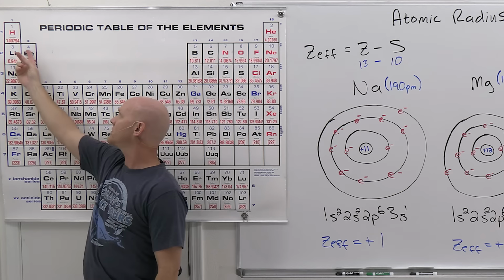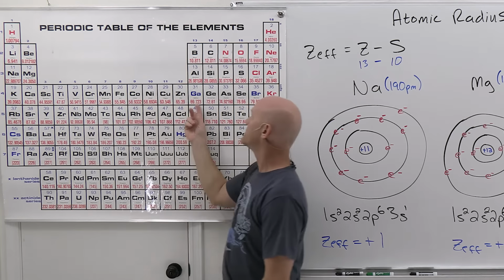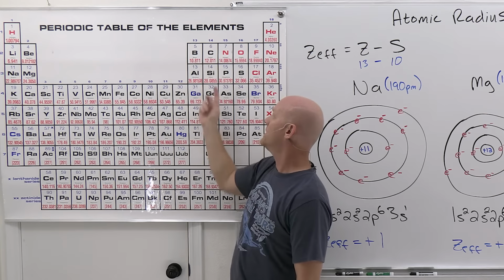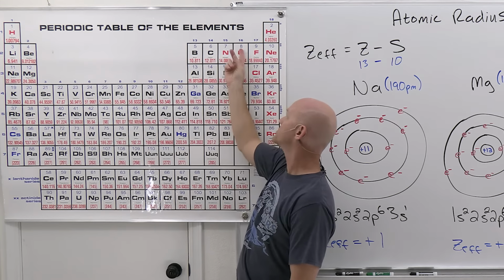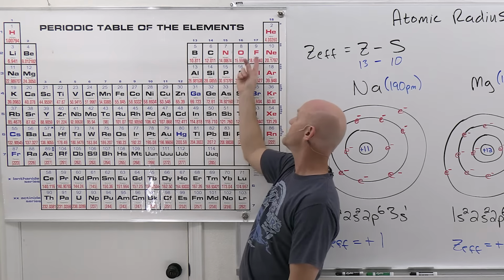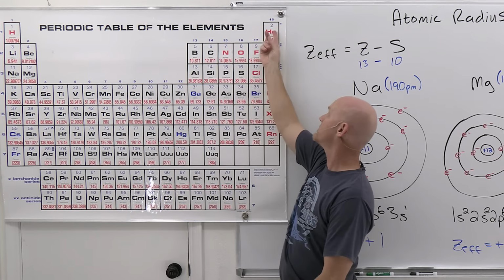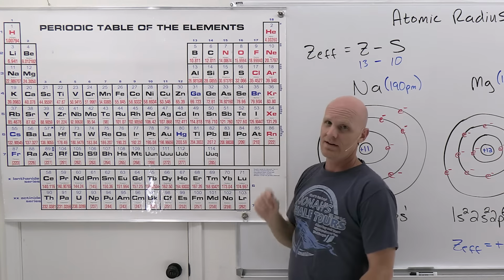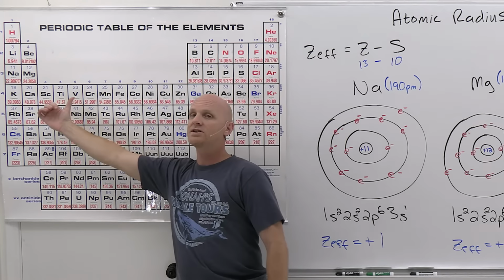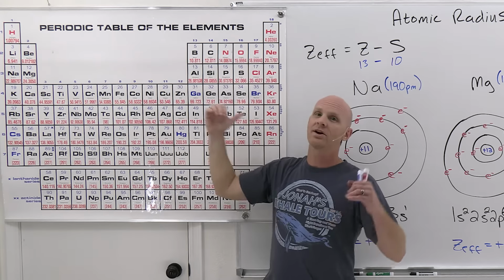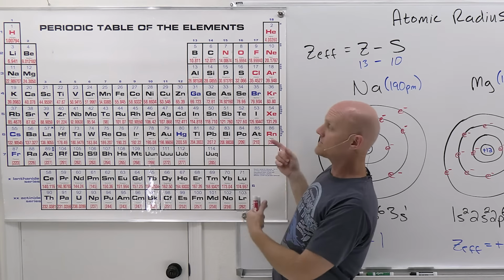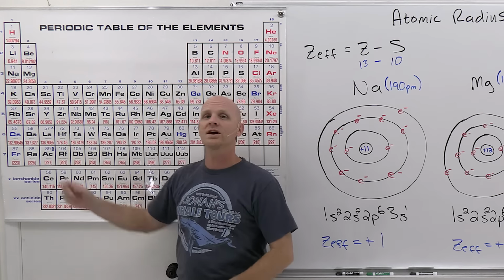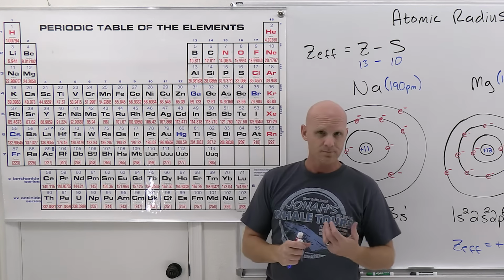The group 2 metals, +2. Aluminum's column, +3, carbon's group, +4, nitrogen's group, +5, the chalcogens or oxygen's column, +6, the halogens, +7, and the noble gases, +8. And so because the effective nuclear charge is increasing as we go left to right, the atoms are getting smaller and smaller as the electrons are more attracted to the nucleus. And that's why the atomic radius is actually increasing in the opposite direction.